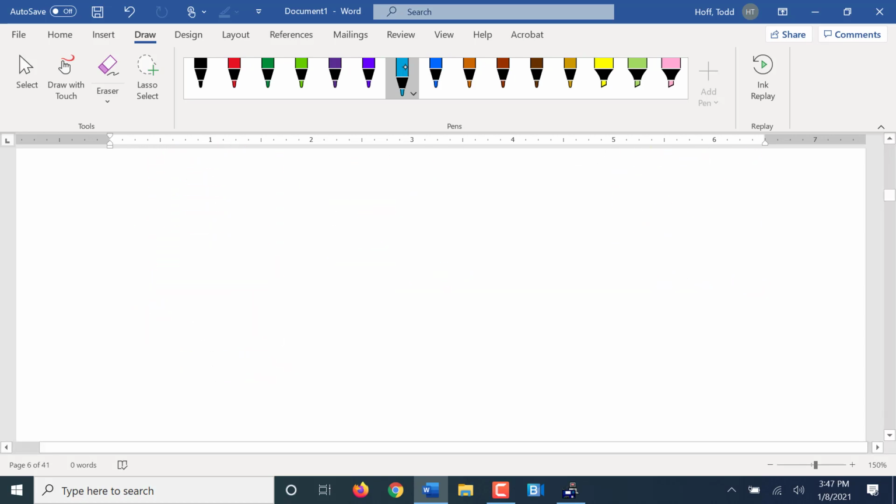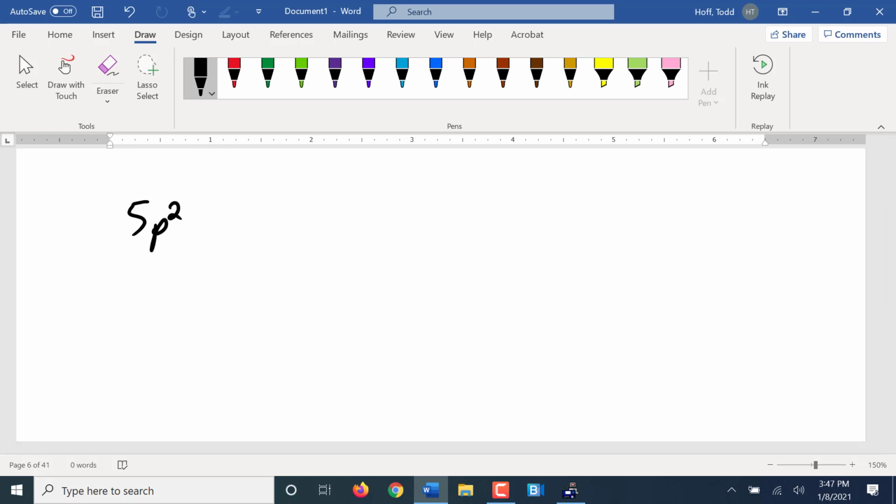One last one to try. Actually do 5p minus 3p squared plus 2.